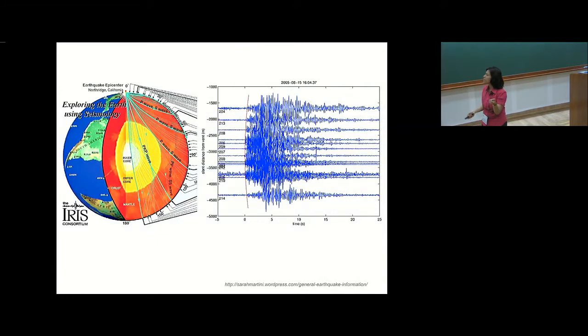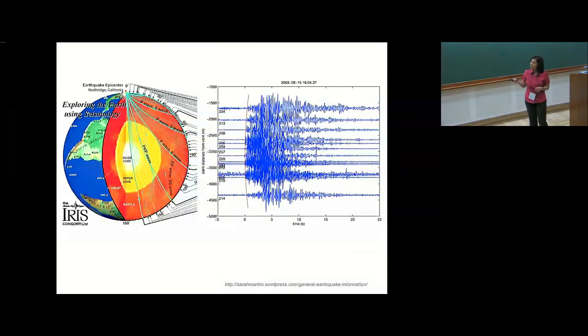That ground shaking is recorded by these seismometers. By studying the amplitude of these wiggles, and also the time at which these waves arrive at the seismometer, you can actually map the Earth's interior. And you can figure out where the discontinuities are and what processes are taking place.